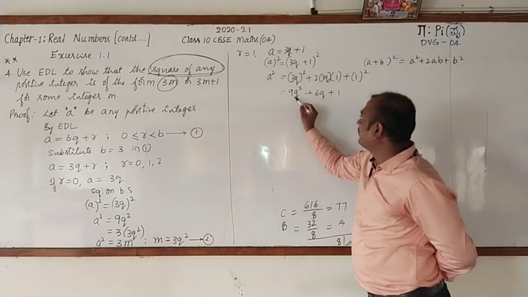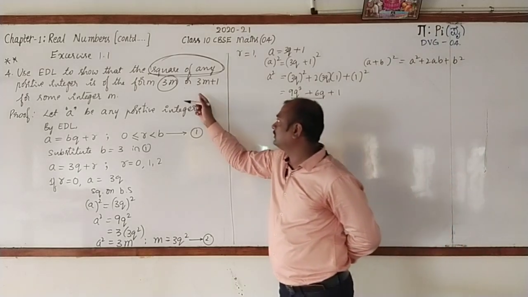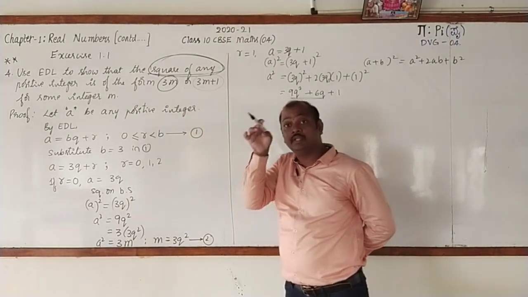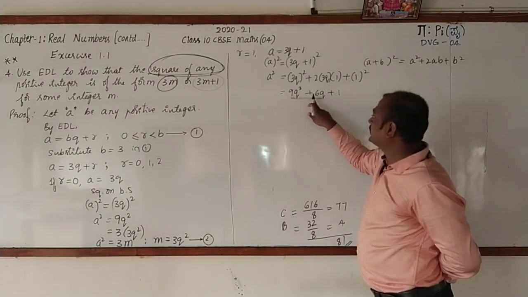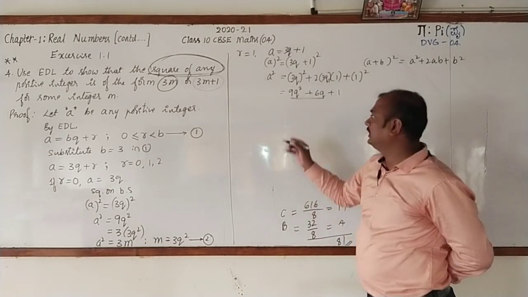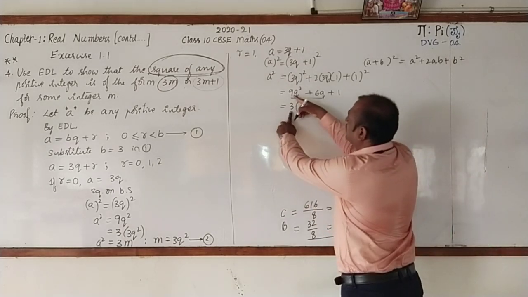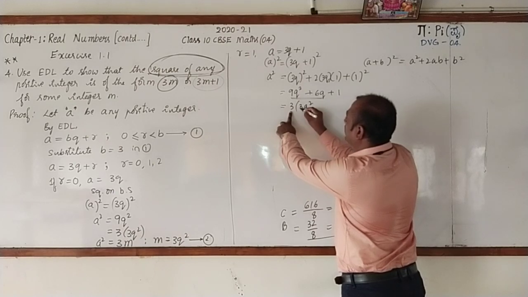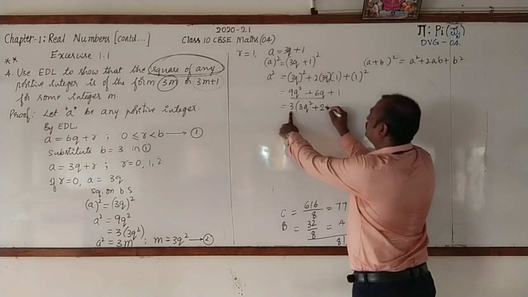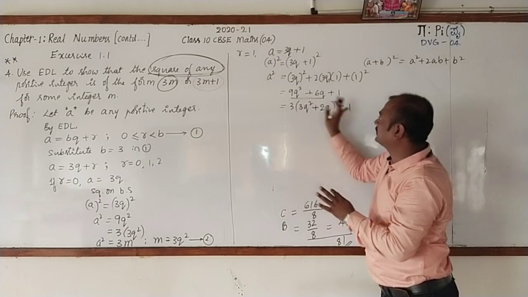Clear? Now, I am going to take only the first two terms. Why? As per the given statement, it should be either in the form 3m or 3m plus 1. Here, in the first two terms, 9 and 6 are the multiples of 3. Hence, I can take 3 as a common factor. 3 3s are 9, then q square as it is, plus 3 2s are 6, so 2q. 1 is separate, so it will not affect the statement.